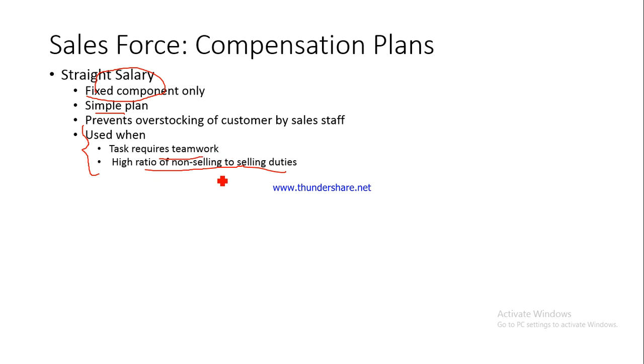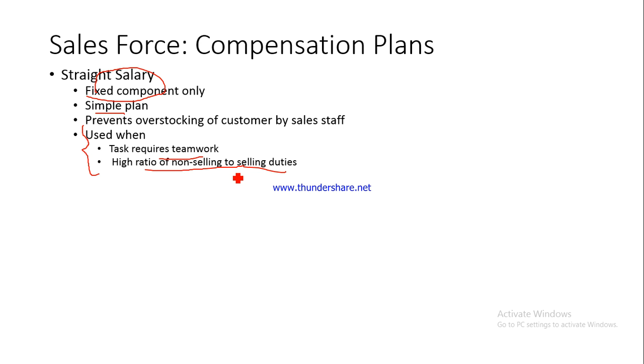Secondly, if there is a high ratio of non-selling to selling duties, which means you have to sell as a salesperson also, but you have to do many things apart from just selling. You have to, for example, also collect market information from the customers or from the dealers. Now this is an important part of your duty.